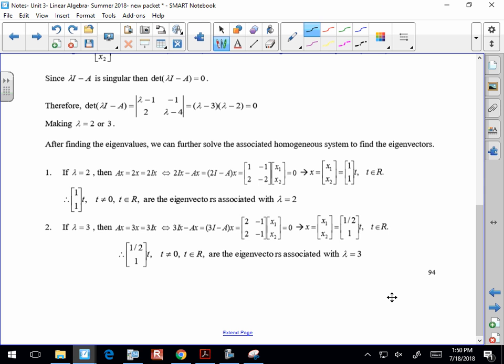So if I plug in a 2, you get negative 1, negative 1, 2, negative 2, right? We solve that homogeneous equation, and what that'll give us is the eigenvector that's associated with the eigenvalue. It's just the signs are different in this case because when I typed this up, I hadn't fallen in love with A minus I lambda yet.